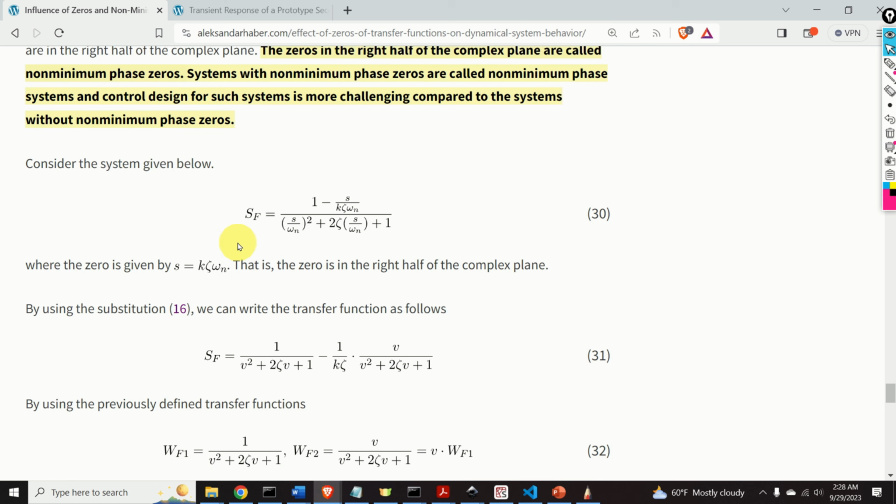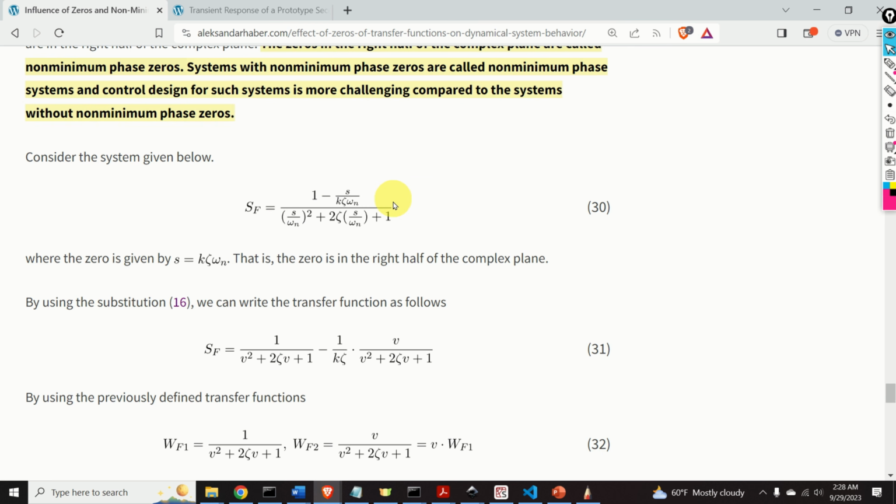Let's consider the modified transfer function. This is our original transfer function with one small but very big difference. Over here we have a minus sign, and consequently the zero is positive, that is, the zero is located at this position.